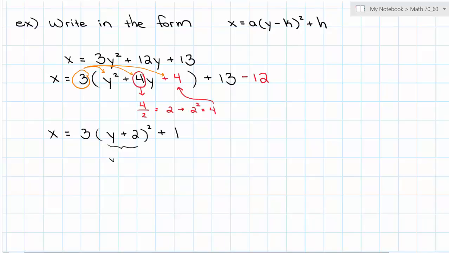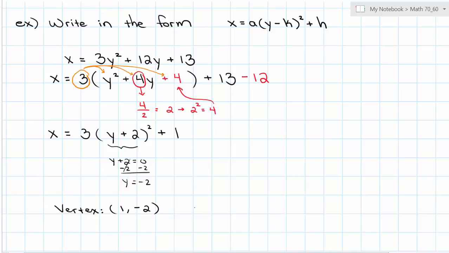One way to get the y value of the vertex, I can set this equal to 0. I get y equal to -2. So the vertex would be (1, -2).